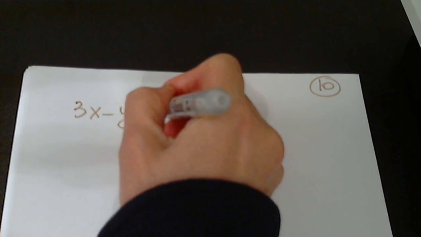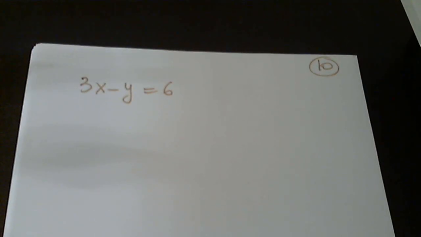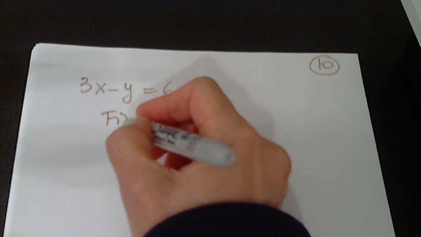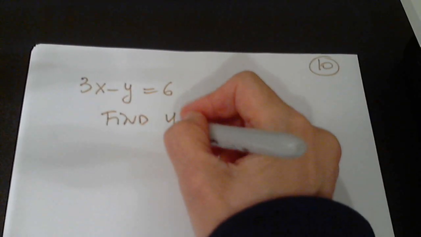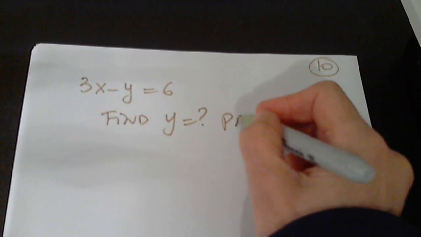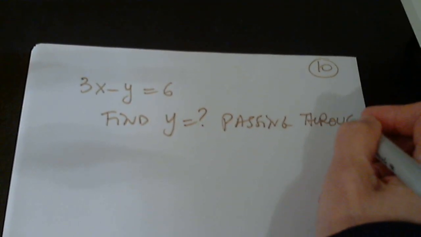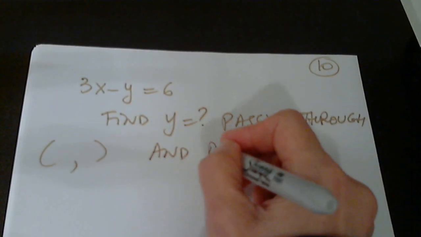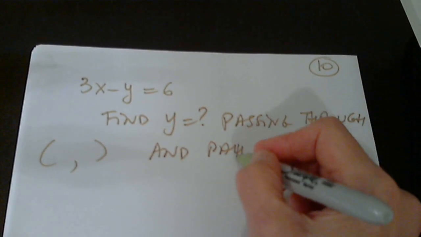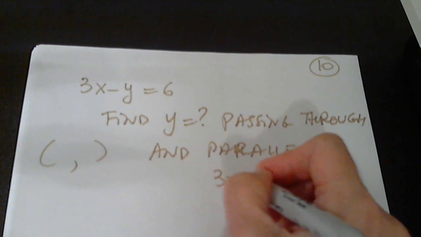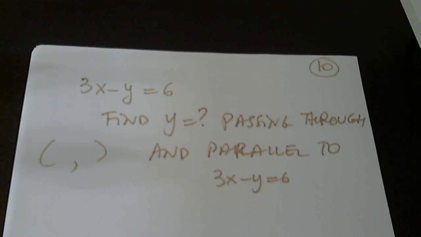So let's say we have 3x minus y equals 6, and find y passing through, give me any point, and parallel to 3x minus y equals 6.